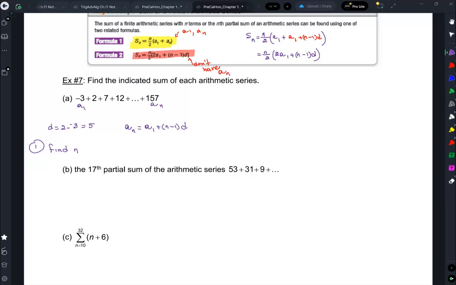A sub n is 157, that's the last one. A sub 1 is negative 3 plus n minus 1 times 5. So 160 is equal to n minus 1 times 5. You can divide by 5 and then add 1, and I believe you get n equals 33.